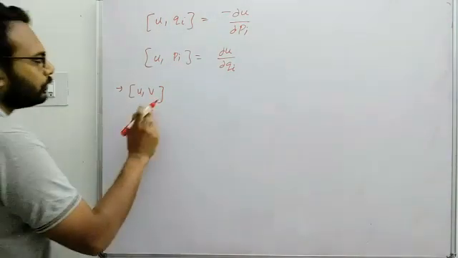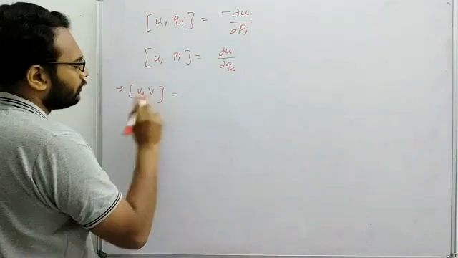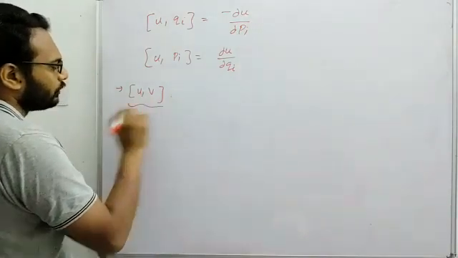We are talking about the Poisson bracket of u with v.